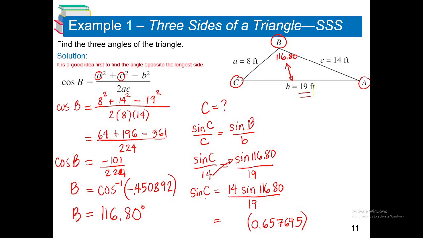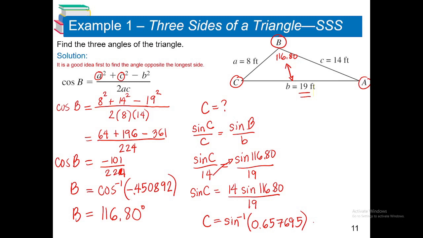Since it is an angle, press shift sine, which gives sine inverse, and you write 0.657695.